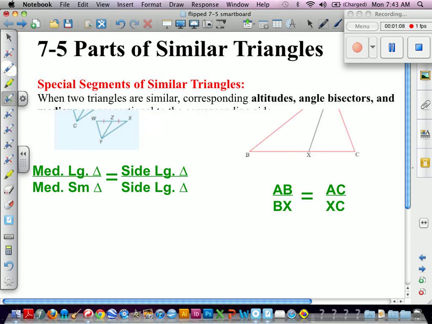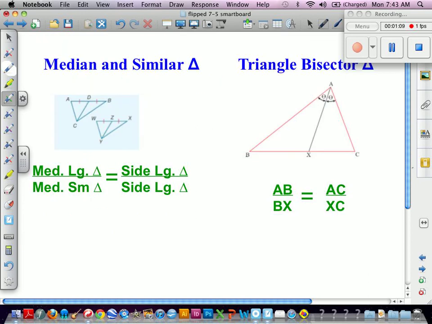Now we're going to look at medians in similar triangles and triangle bisector. Take a minute and pause the video and write the relationships down. Medians in similar triangles are also proportional to the corresponding sides.